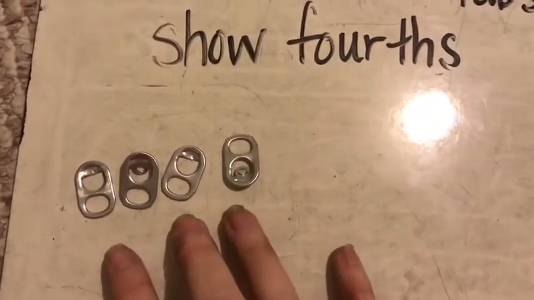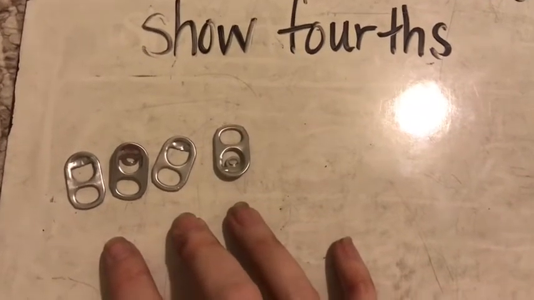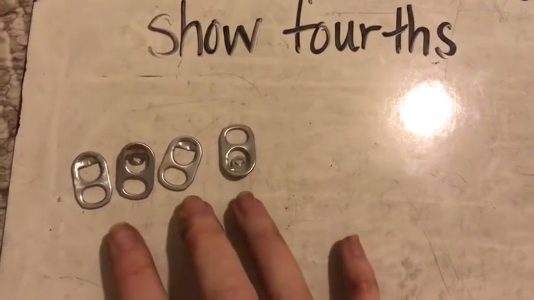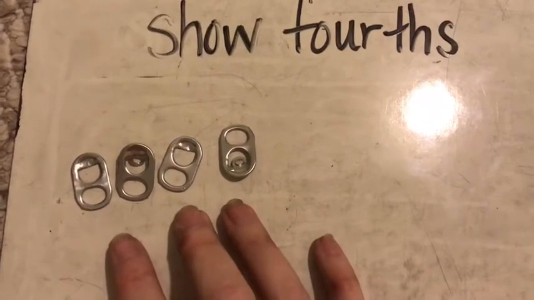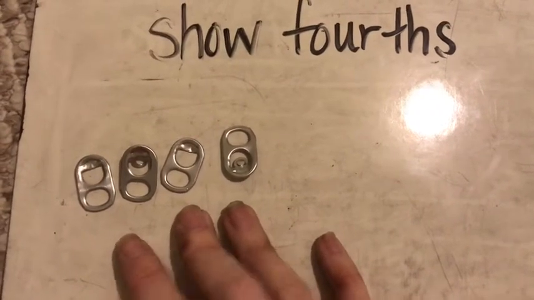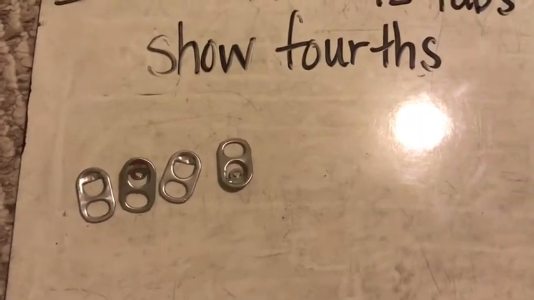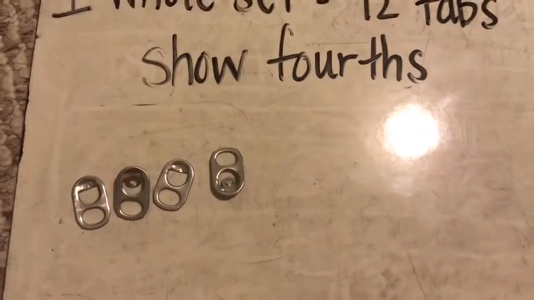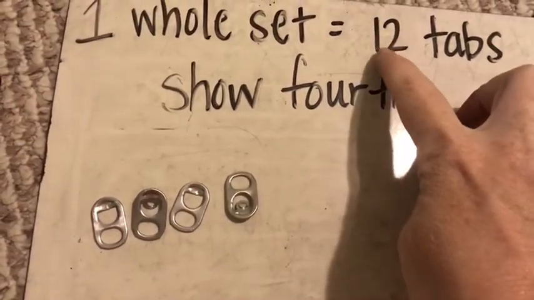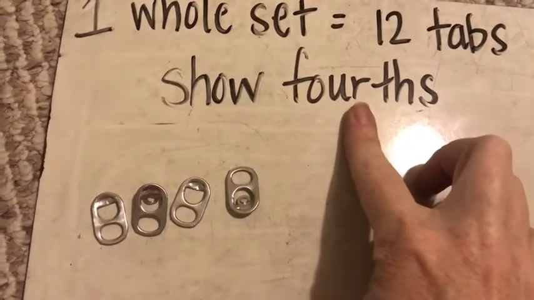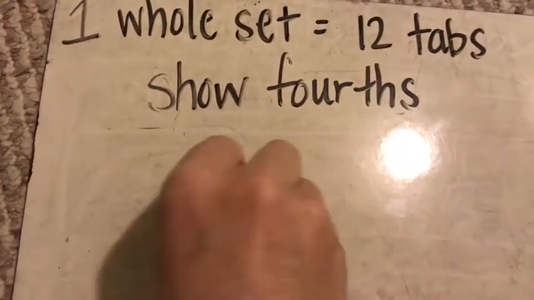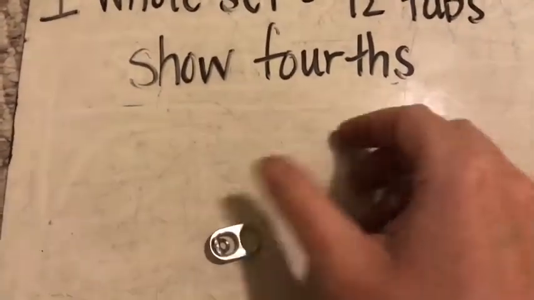And students are pretty good at doing halves, thirds, fourths, whatever it is, when that denominator matches how many are in the set. But what I'm focusing on specifically in this video is when the denominator does not match. So I'm doing 12ths, but I'm doing fourths. So I'm grouping 12 into 4 groups. That's where students typically need a little bit more practice.